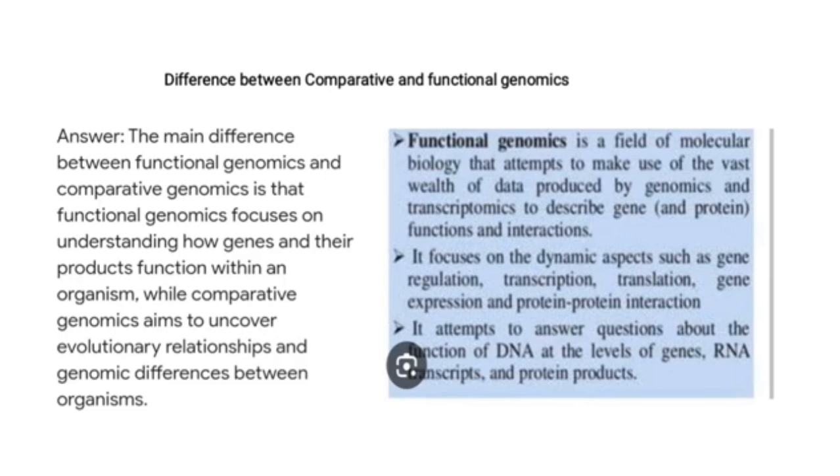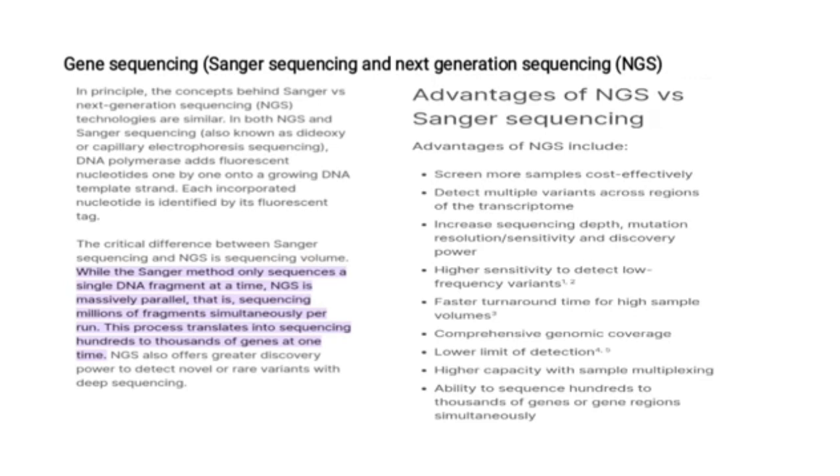It attempts to answer the question about the function of DNA at the levels of genes, RNA, transcript, and protein product. So please, this is specific because the question can be to explain functional genomics and state the aim or the focus of functional genomics. Please take note of that. Very, very important.